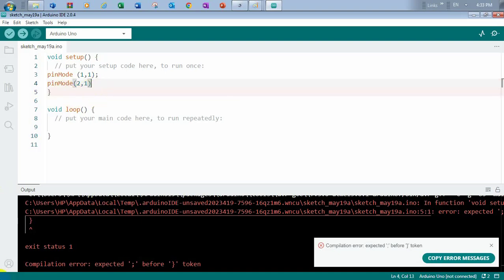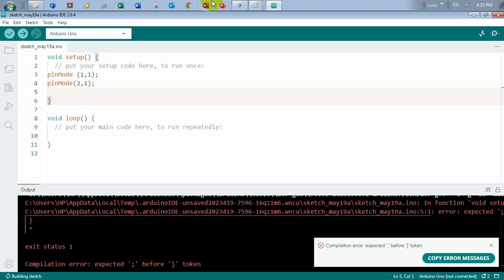We write also pin mode for pin number 3. We configure pin number 3 to be output. Open parenthesis, semicolon.